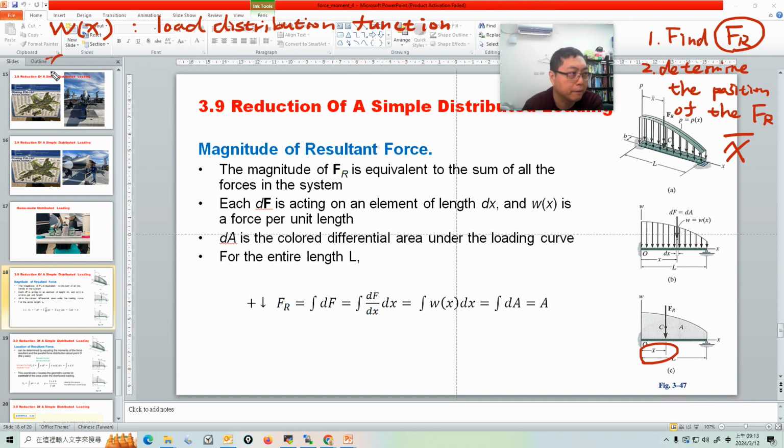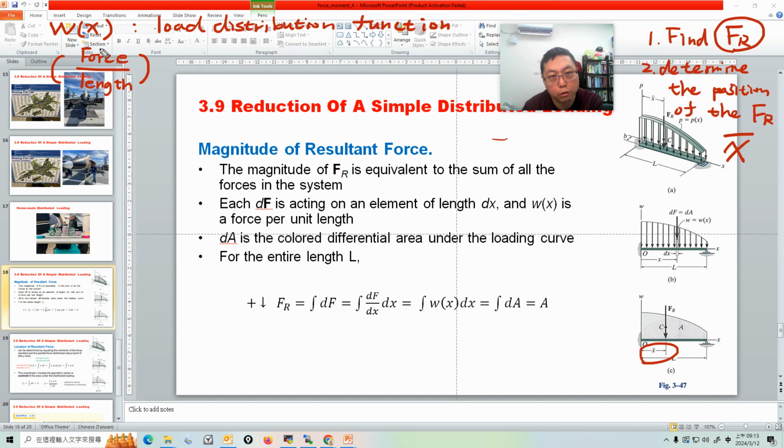sorry, my pen has some issue here. Its unit is force per unit length.